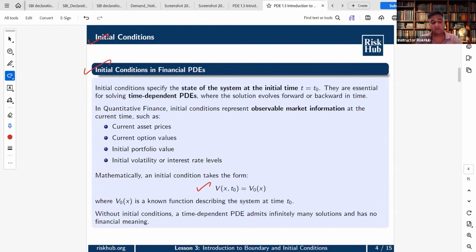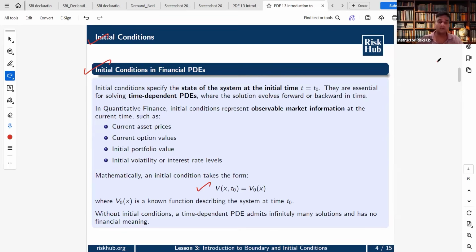Important distinction: initial condition is today or starting time; terminal condition is maturity or ending time. In many finance problems, especially option pricing, we usually solve backward in time. So the most important condition is often the terminal payoff rather than the initial condition. That is very, very important.